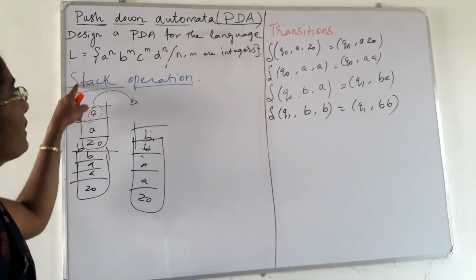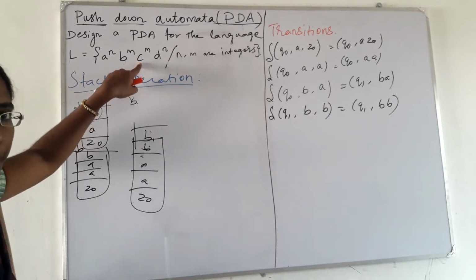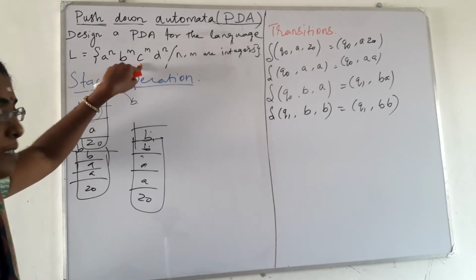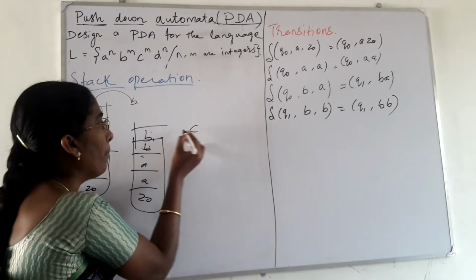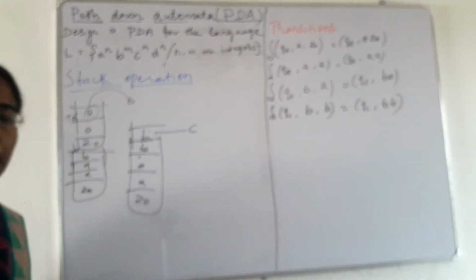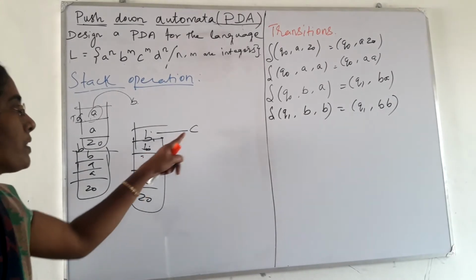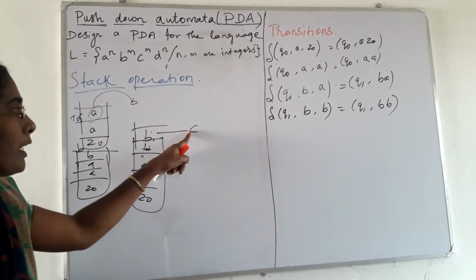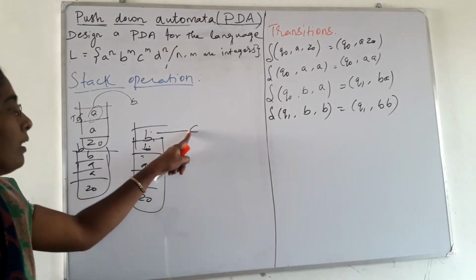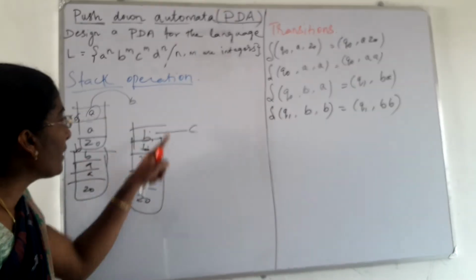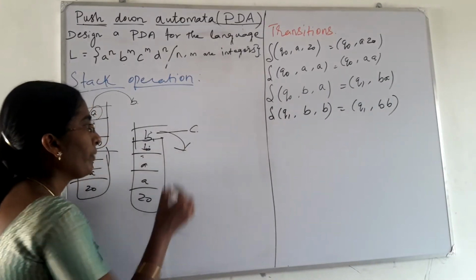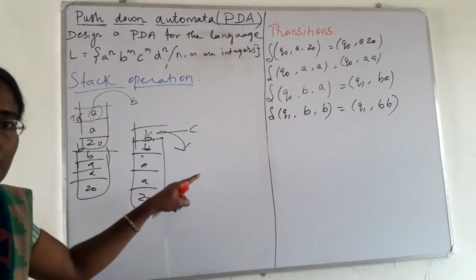After this it reads the symbol C. The C should be matched with the B's present in the string. While reading the input symbol C, if the symbol on top of the stack is B, it should be matched and the corresponding B is popped out.